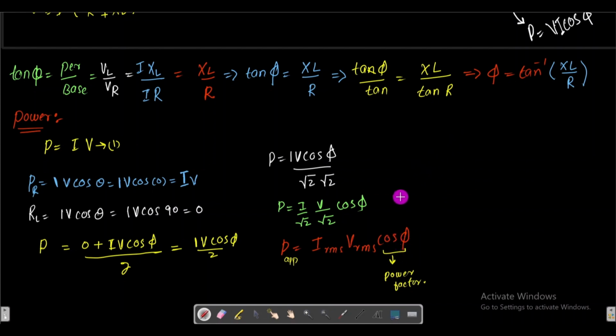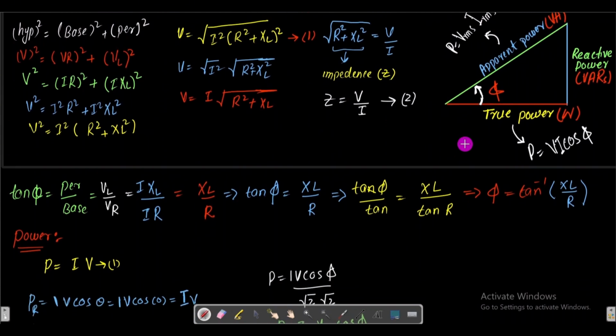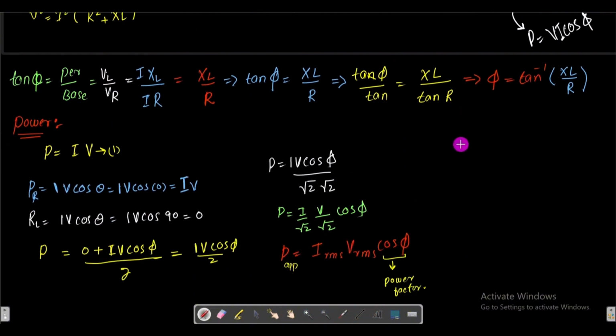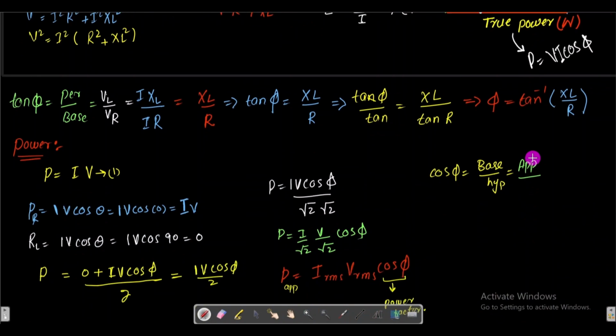Okay, and we know that cos phi is equal to base by hypotenuse. For the cos, we know that cos theta or cos phi is equal to base by hypotenuse. So therefore in the hypotenuse here we have the apparent power, divided by, on the base we have the true power.